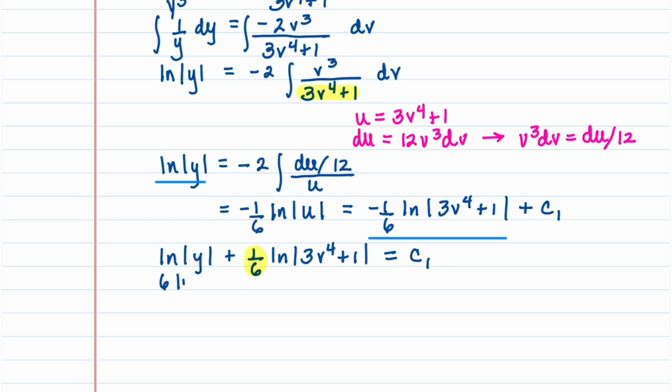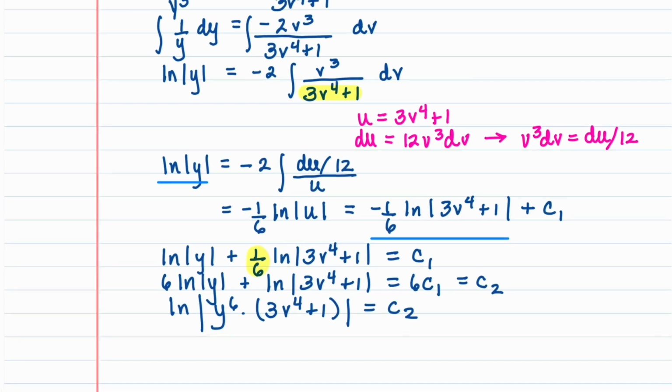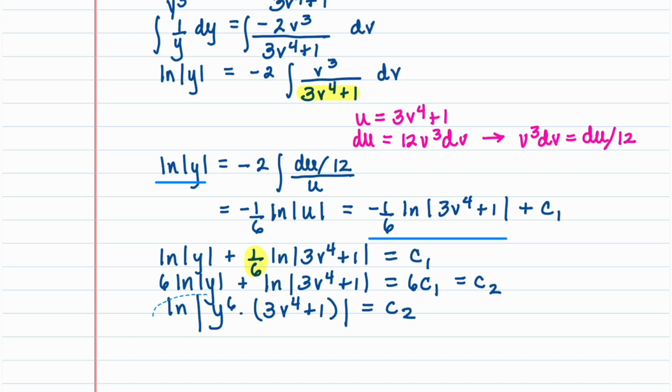We have 6 ln absolute y plus ln absolute 3v to the 4th plus 1 is equal to 6c1, and let's just call that c2. Now we can combine our logarithms. This gives us natural log absolute value of y to the 6th times the quantity 3v to the 4th plus 1 is equal to c2.